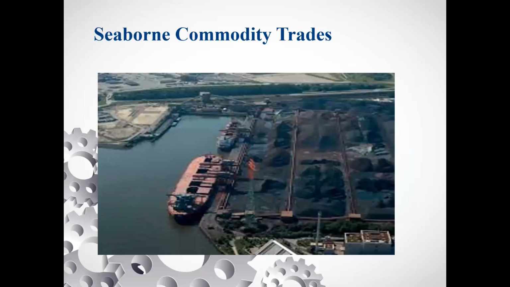Next factor is seaborne commodity trade. That is, the effect of individual commodity trade on the demand for the sea transport falls into short-term and long-term components. See, the short-term component or influences are like seasonal effect. Seasonal means throughout the year that goods cannot be transported from one country to another country.